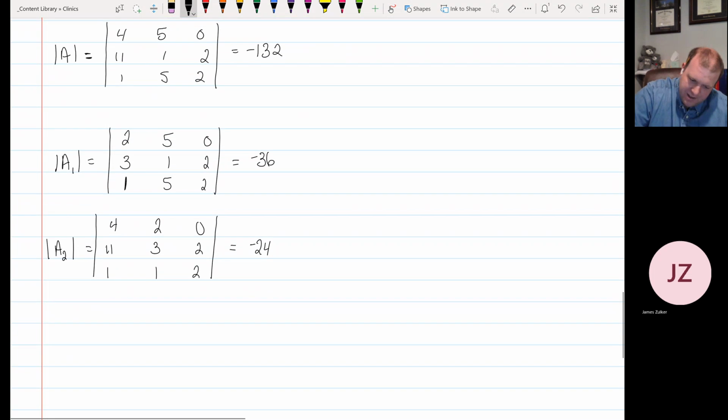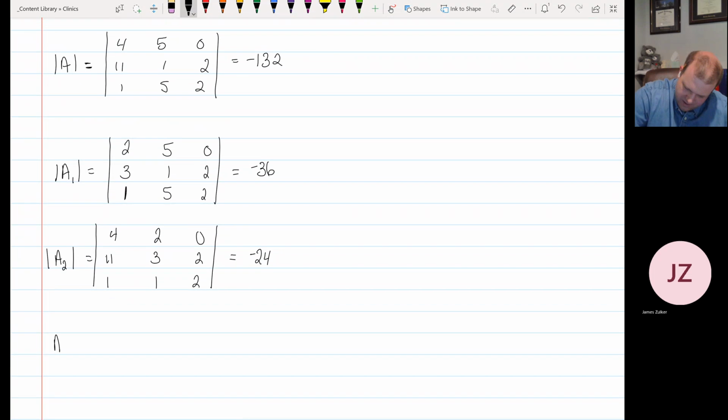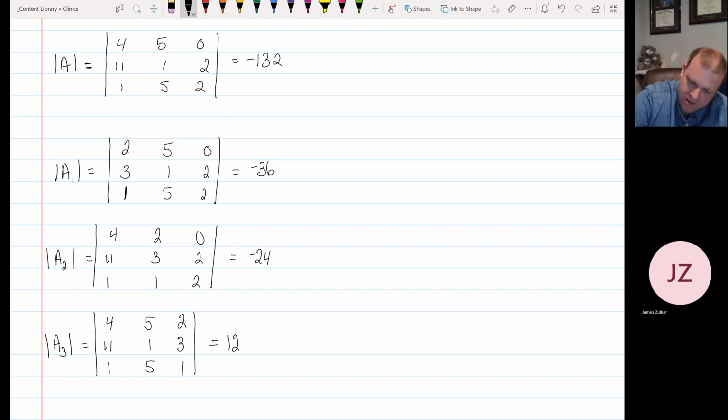And then finally, the determinant of A3: we replace the third column of A with B. That determinant is 12.